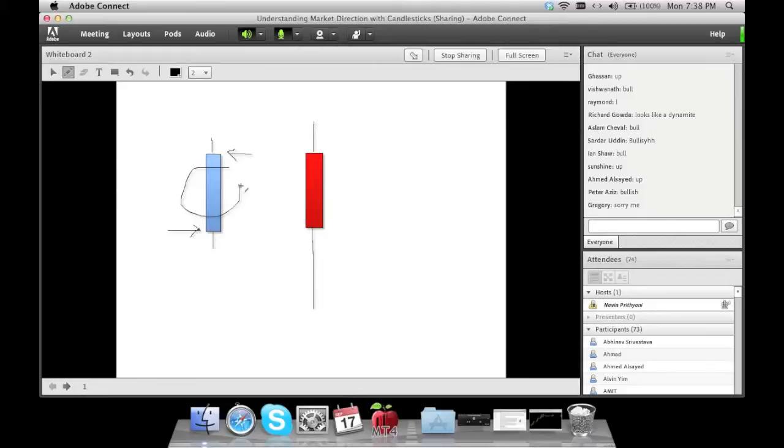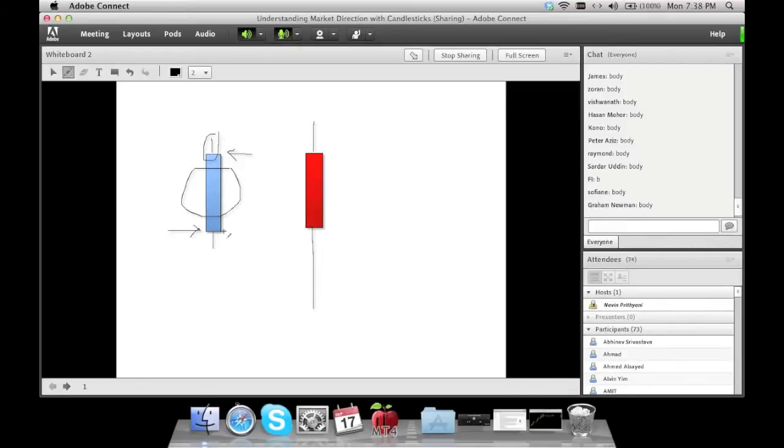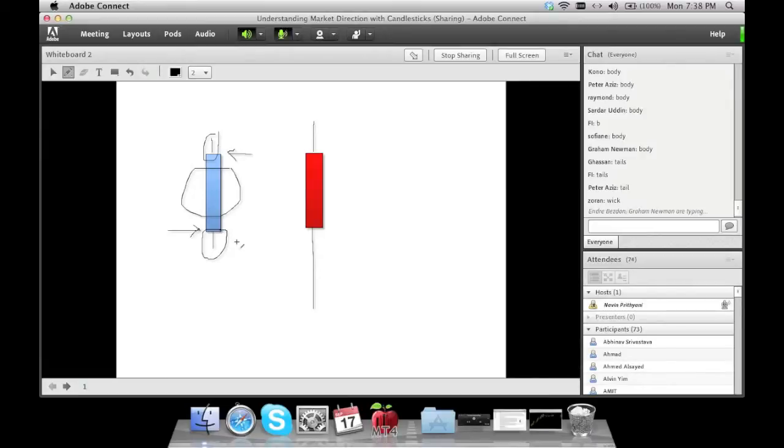What is this big solid area called? That is what we call the body. Okay, these pointy things that come out of that are referred to as the wick or tails. I like to call it tails, but the professional word is wicks, W-I-C-K-S.